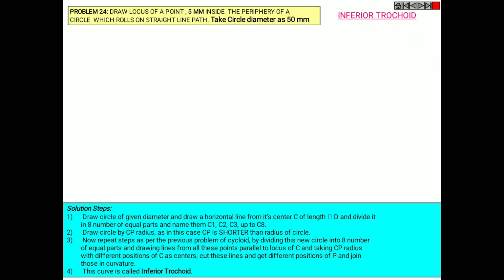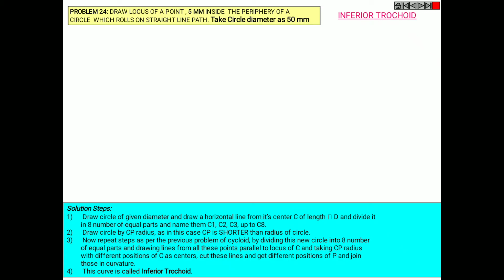See the steps. Draw the circle of given dia and draw a horizontal line from its center C of length pi d and divide it into 8 number of equal parts and name them C1, C2, C3 and so on up to C8. Draw a circle by CP radius as in the case of CP shorter than the radius of circle.